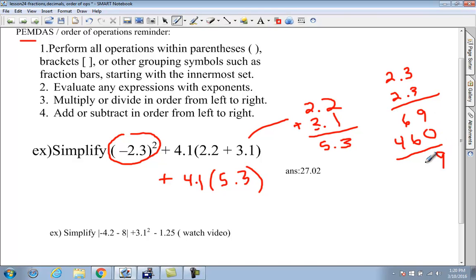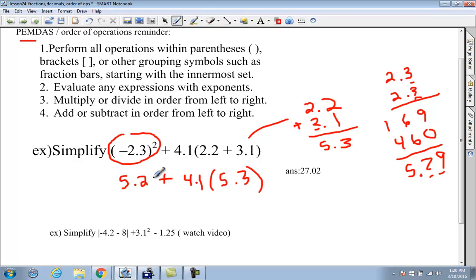And that's 9. So we're looking at 529, but we'll keep the decimal back 2 places behind the decimal, 1, 2. So we're looking at 5.29. And like I said, if you take a negative inside the parentheses and you square it, it's going to be positive. So you can take care of that in your mind.